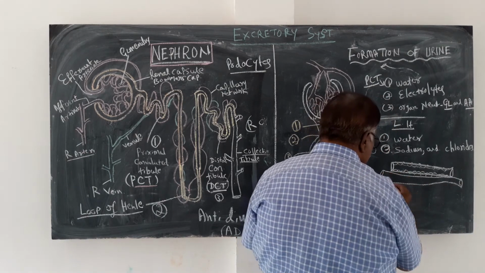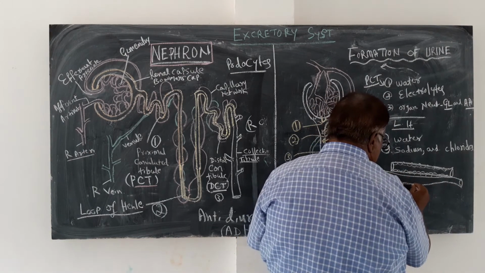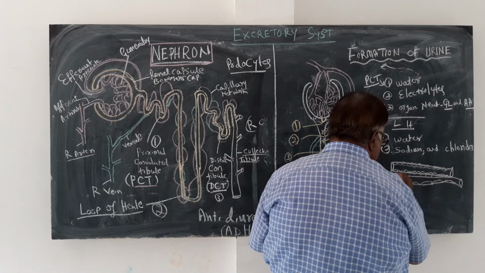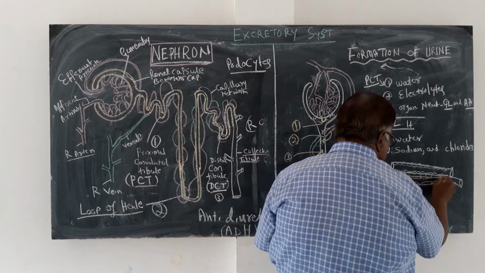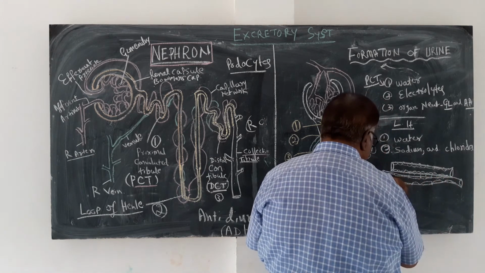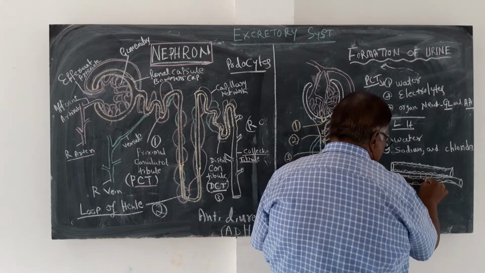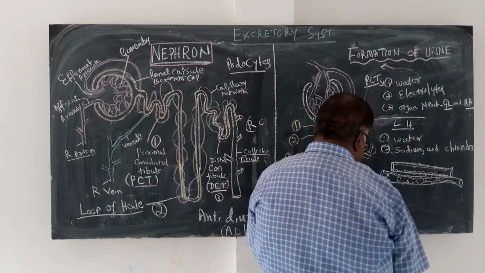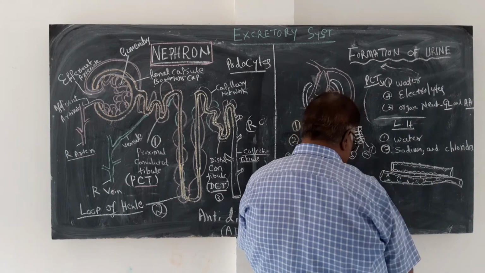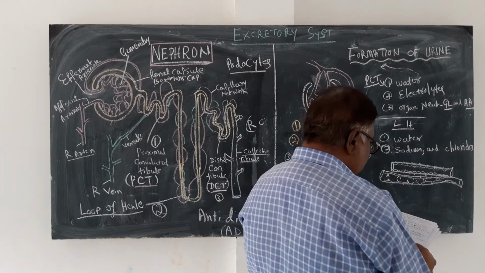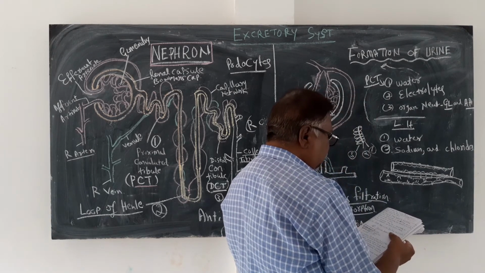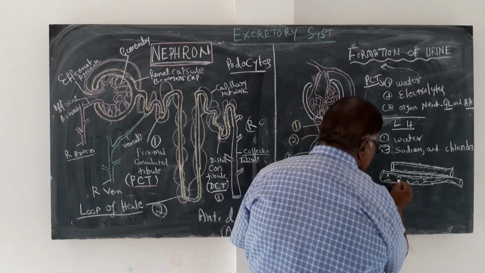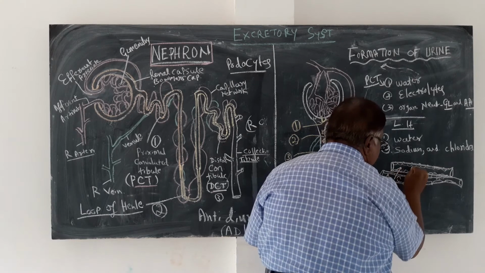Here also cuboidal or columnar epithelial cells are present, which have villi, and from the capillary endothelium from here the selective reabsorption starts.